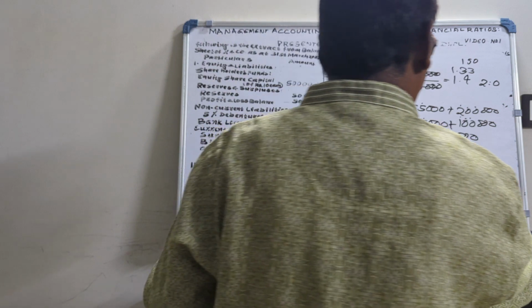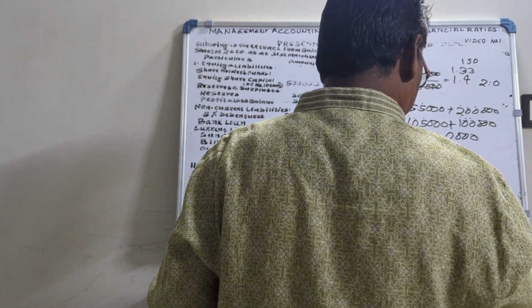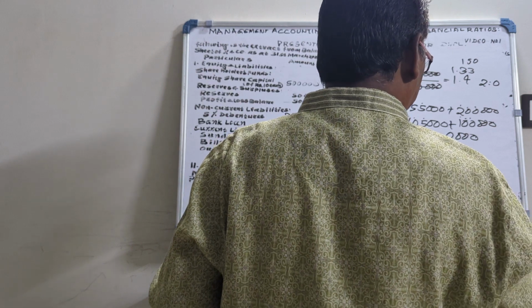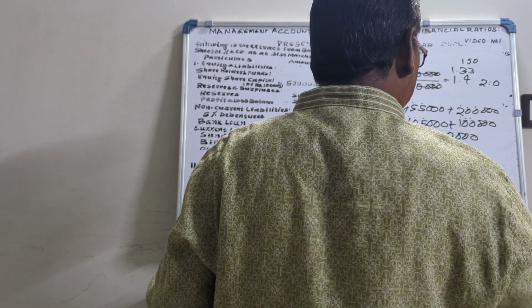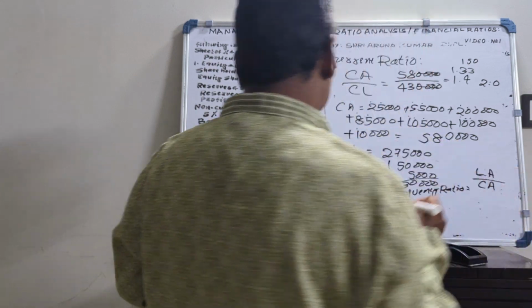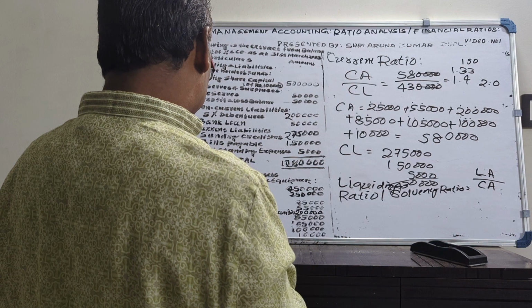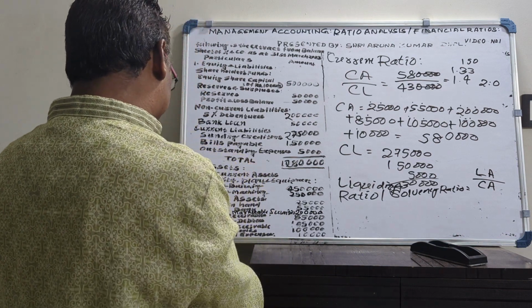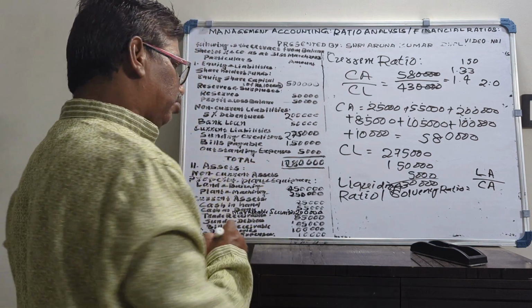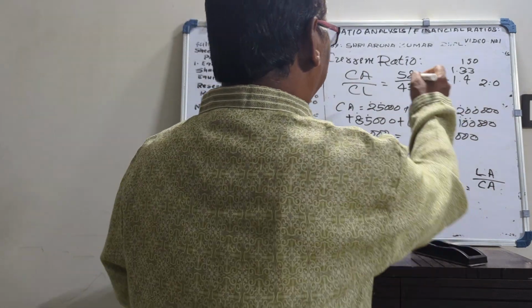Here we will compare the liquid asset with current liability. Liquid asset means the assets like inventory and prepaid expenses will not be taken into account in case of liquid assets. So we will deduct 1,10,000 from this.